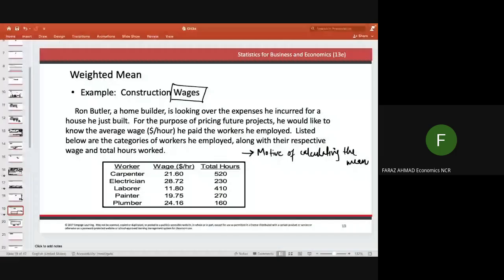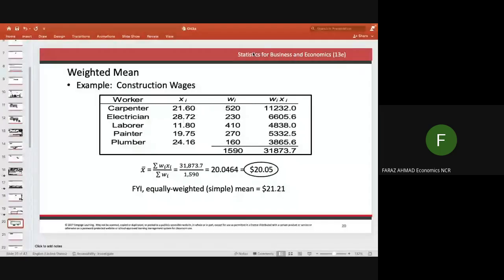So he wants to check how much he's going to spend on these different heads, right? So basically what he wants is to get the mean wage, right? The mean wage.